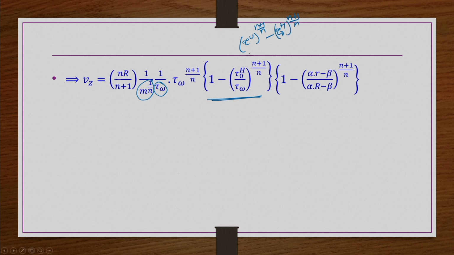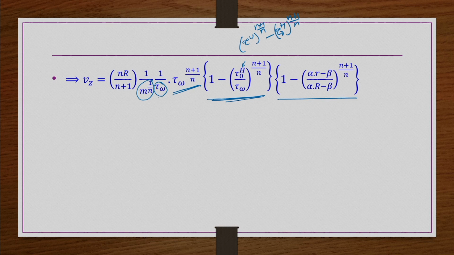Here I take tau w power (n plus 1) by n common, so that I can write this expression like this. Remember, this h is not a power, it is a superscript indicating Herschel-Bulkley fluid only. And the last parenthesis term I am keeping as it is.